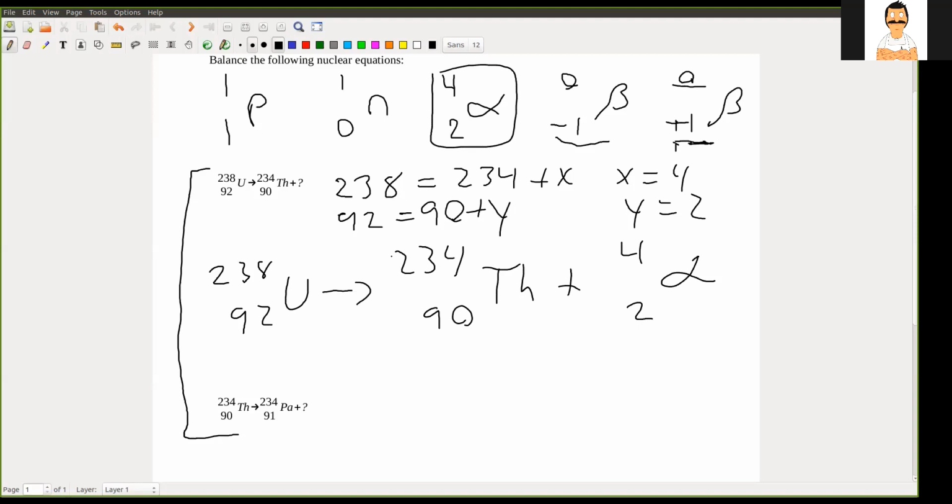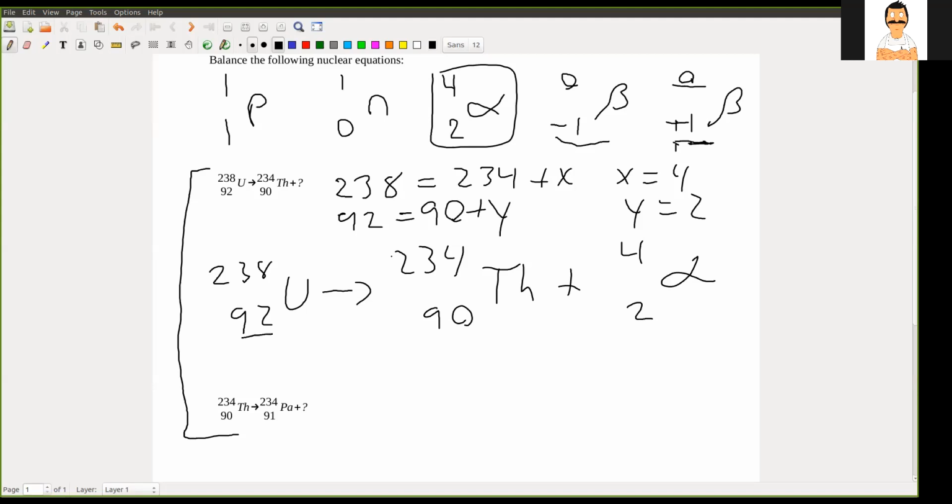If it was given to you in a word problem, that's what it would ask for, or what it would say. It's: write the balanced equation for the alpha decay of uranium-238 to thorium-234, something like that. Or it might say the alpha decay of uranium-238 ejecting 1 alpha particle. That's another way of formulating that.